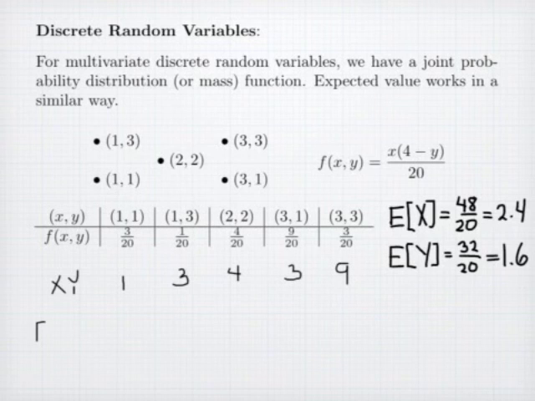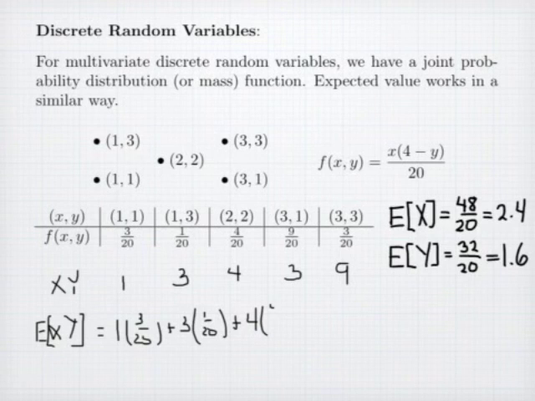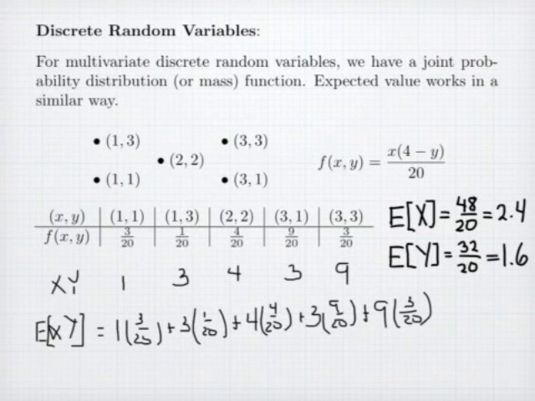And so if I want to calculate the expected value of xy, I'll take 1 times 3/20 plus the next product 3 times 1/20, the next product 4 times 4/20, the product 3 times the probability 9/20, and the last product 9 times the probability 3/20, which gives me a grand total of 76/20.